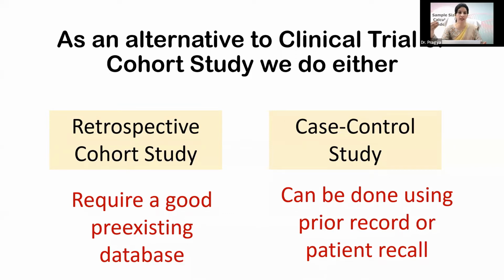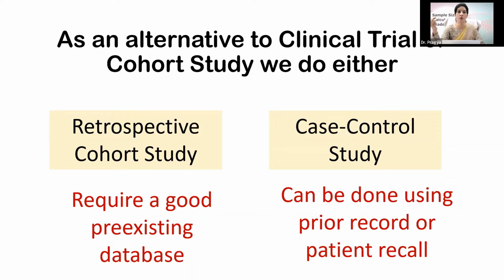But if you are taking an interview, it is prone to recall bias, because the cases will try to remember that exposure very tremendously as compared to the controls. But if you have records for exposure of the controls and cases, then you can reduce this bias also.